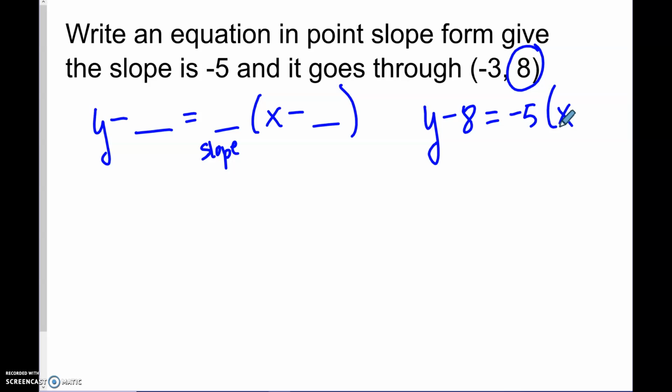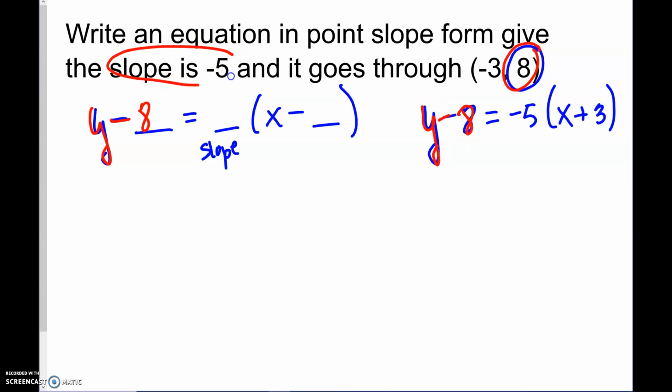And then x, is it going to be a +3 or a -3? And because we see a -3, we are going to put in a +3. So if we're filling this in, look for the y value. Y value is 8, so see how that says y minus 8. That's the same thing we have over here, y minus 8.